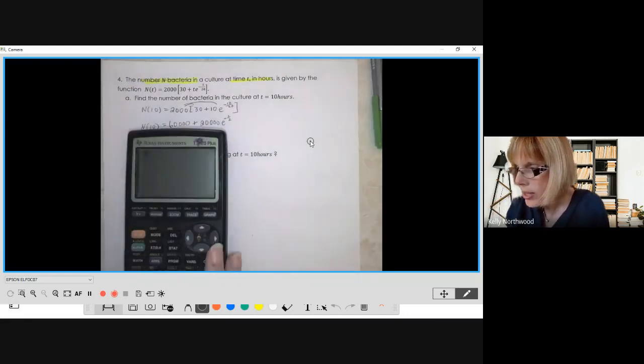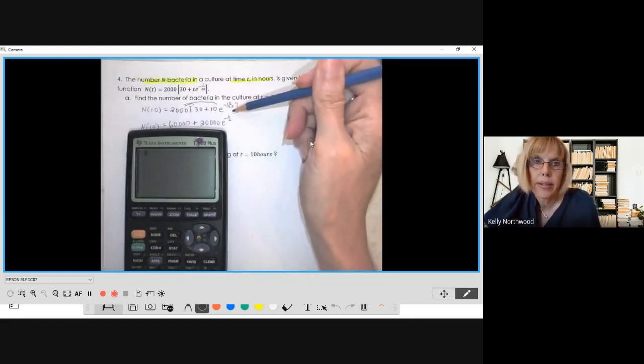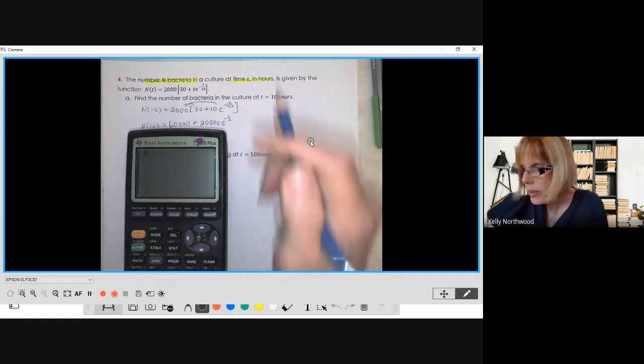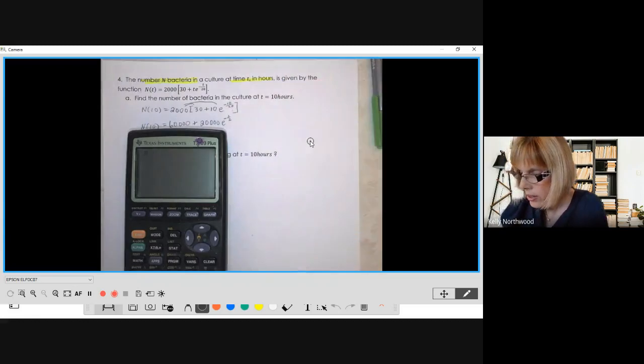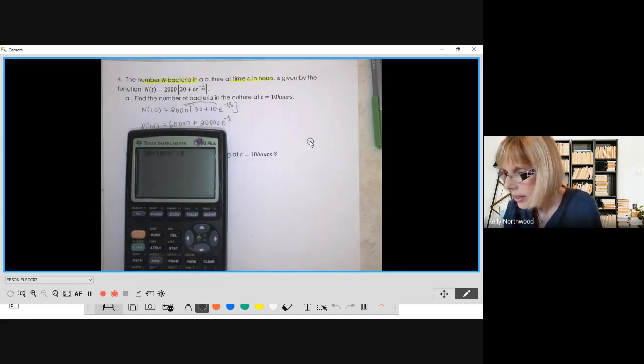So I'm going to go back to just this first step here and enter that into my calculator. So I'm going to do inside the brackets first. So 30 plus 10 times my e button, and then open a bracket, e to the, I can type in negative 10 over 20, even though I know it's negative 1/2 if I want to.